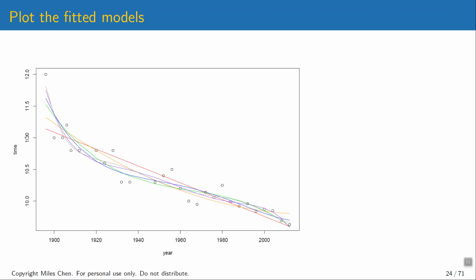To our data, we can see the linear model in red, the straight line. It kind of hurts my eyes to stare at all of these, although it's a little bit pretty, like a rainbow ponytail.